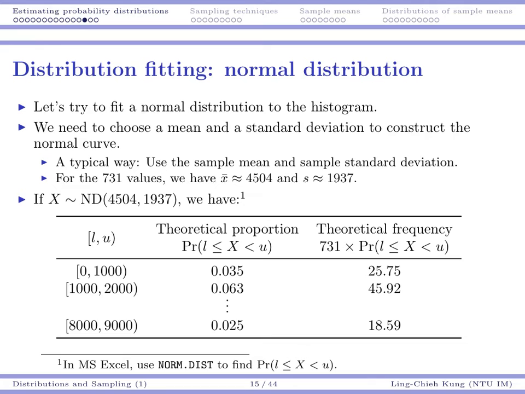If this is really a normal random variable, then I should know the probability for that random variable to exist inside 0 and 1,000, 1,000 and 2,000, and so on.